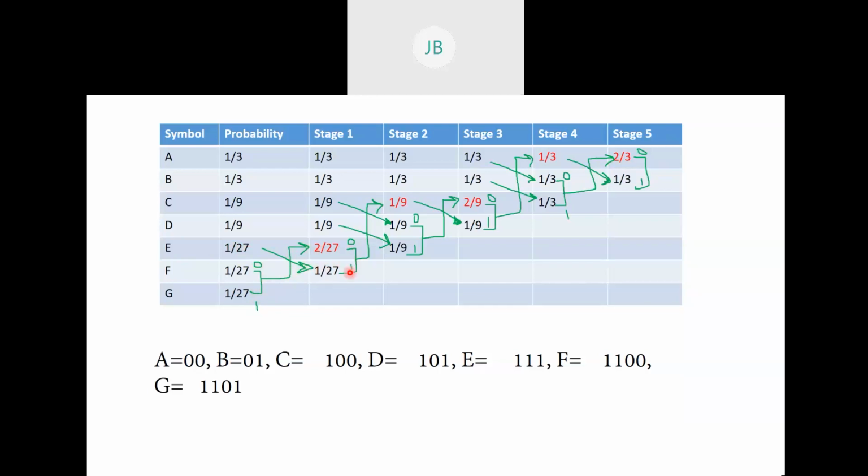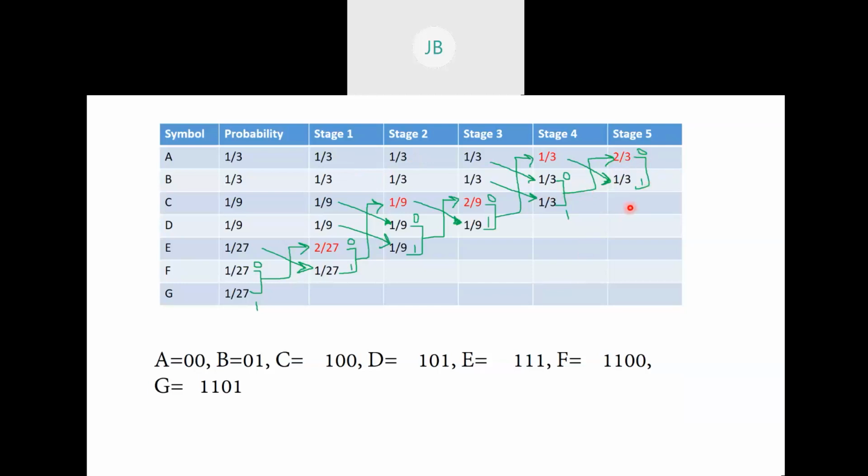Similarly, I add these two, assign a 0 here, 1 here, and that value, that is 3 by 27 or 1 by 9, goes here in the sorted list, and this 1 by 9 comes here, this comes here, and these two elements will be continued in the same line. Okay, in the same way I generated all the 5 steps. This is the snapshot of all the previous stages.